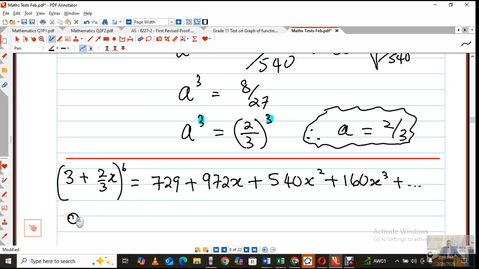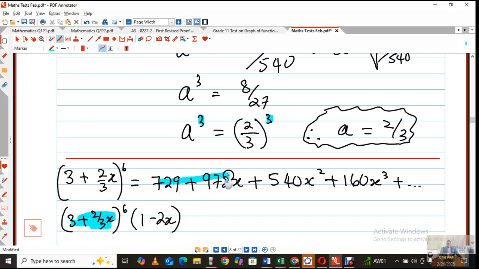In this expansion, 3 plus 2 over 3x raised to the power of 6. And the other one is 1 minus 2x. But I'm going to replace these with all of that and see what the x cubed terms will be.